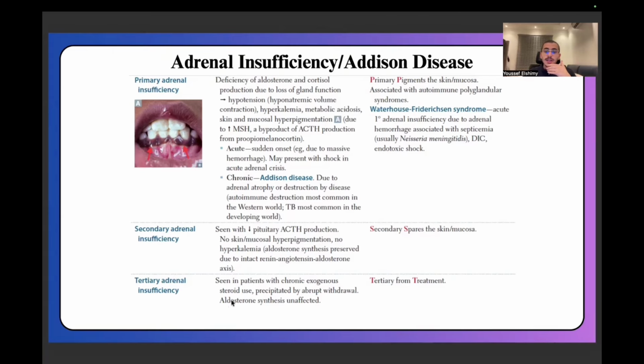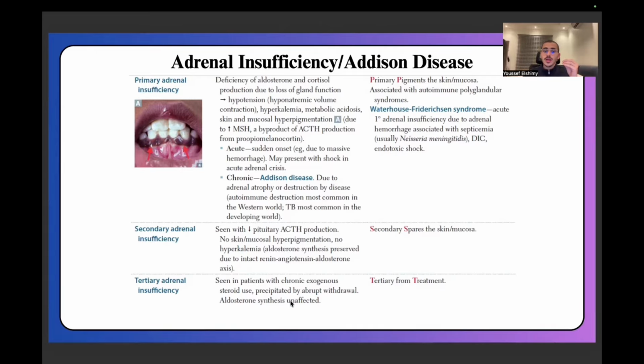Okay. In terms of tertiary adrenal insufficiency, it happens with chronic exogenous use. When you use exogenous steroids, step by step you lead to atrophy of the adrenal gland. And when you stop the exogenous corticosteroids suddenly, this would lead to abrupt withdrawal, and the gland won't be able to produce the hormones.